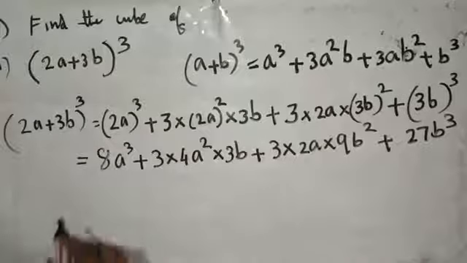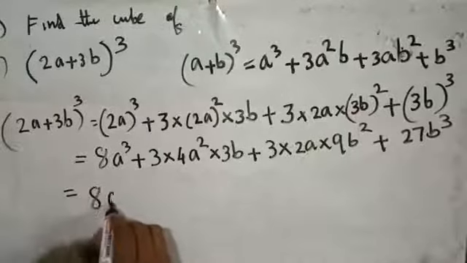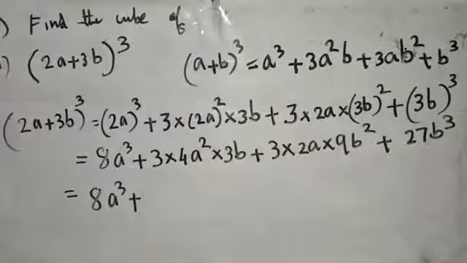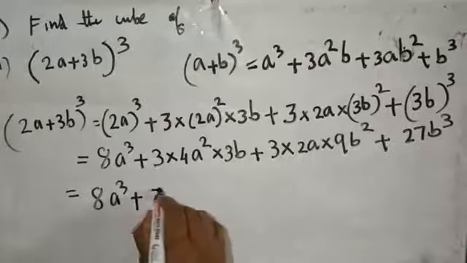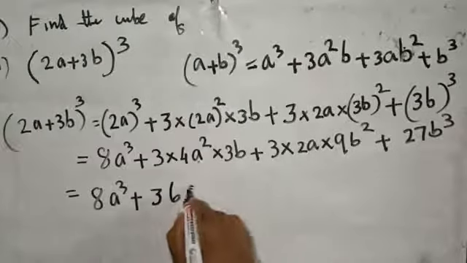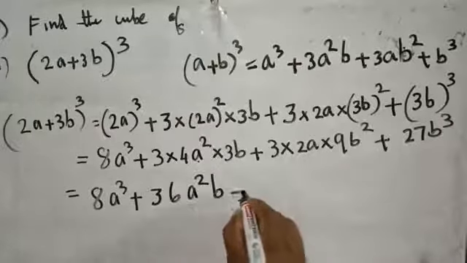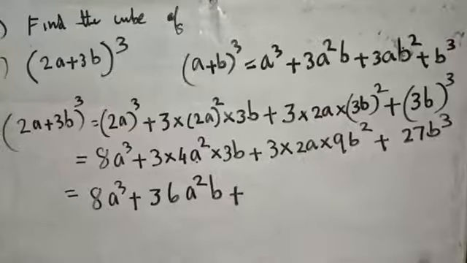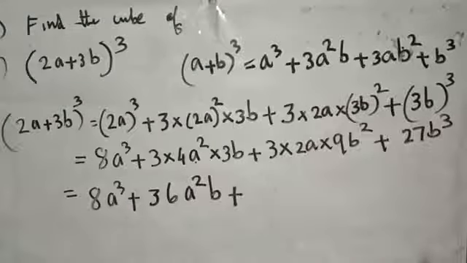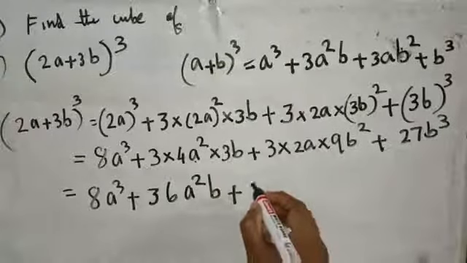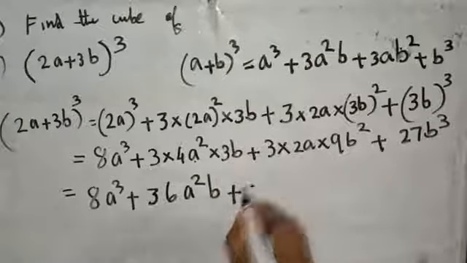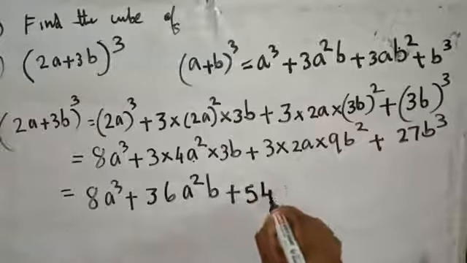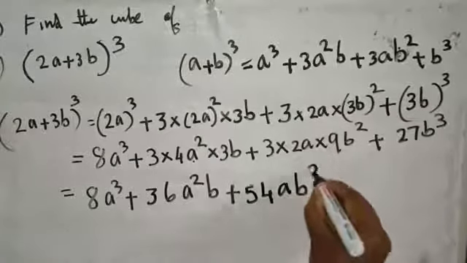Once again 8a cube plus 3 4 3 3s are 9, 9 4s are 36. 36a square b plus 3 2s are 6, 6 9s are 54. ab square.